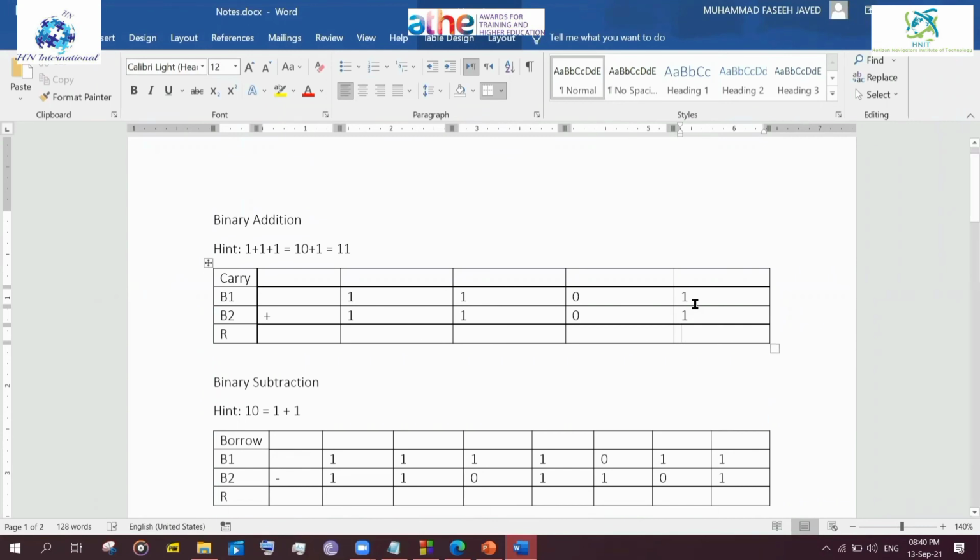Now in binary, see here, 0 plus 0 is 0. 1 plus 0 is 1. But what is 1 plus 1? In decimal, if we're adding this, it is 2. But 2 we cannot write in binary.